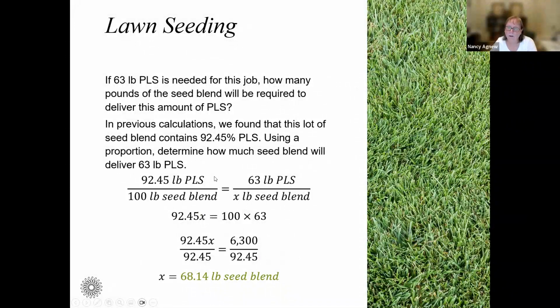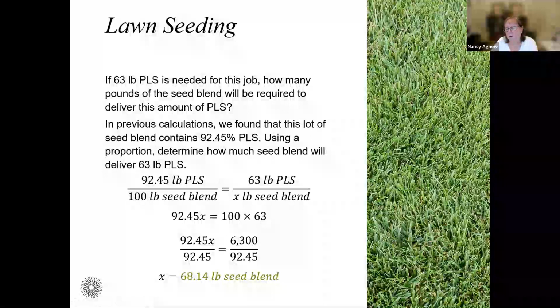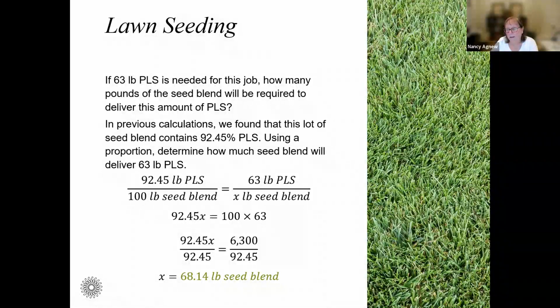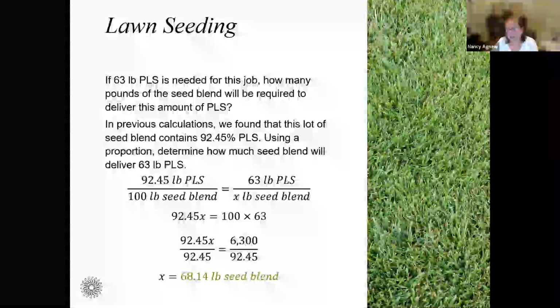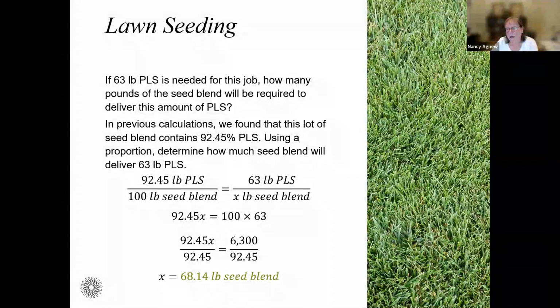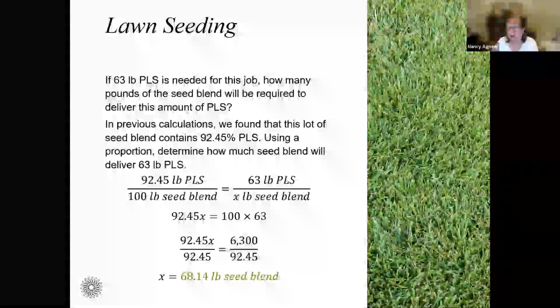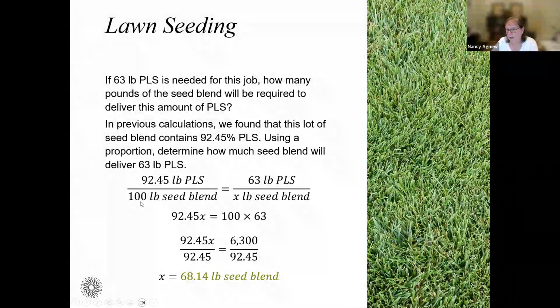We've learned from calculating the pure live seed percentage for this particular blend that it's 92.45% pure live seed. So that means for every 100 pounds of seed, you have 92.45 pounds of pure live seed. This is just a different way of expressing that percentage.